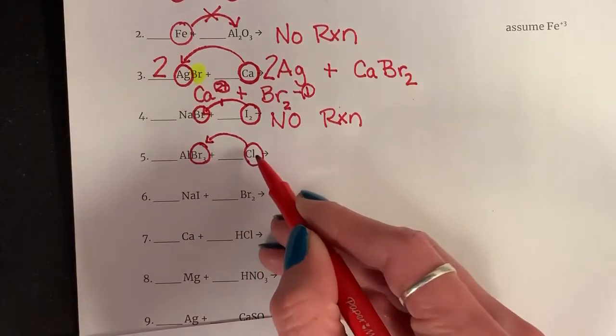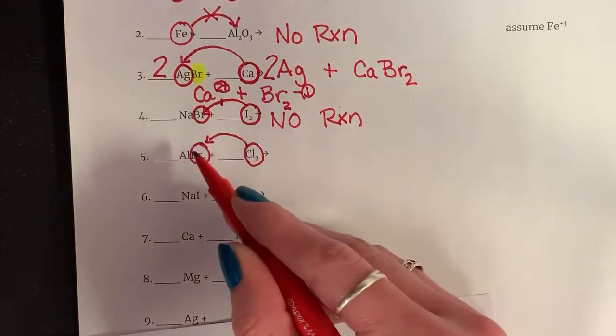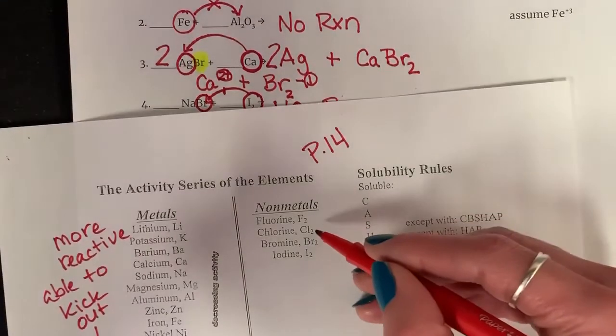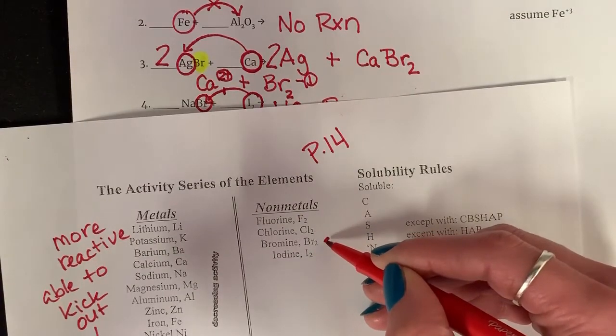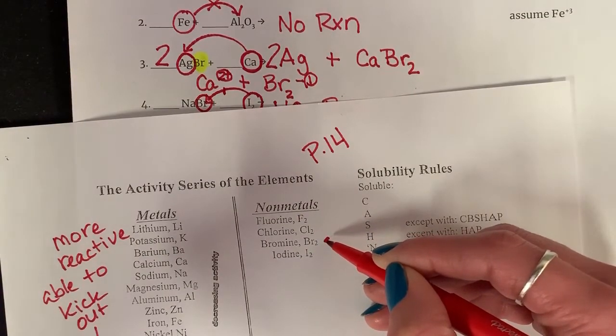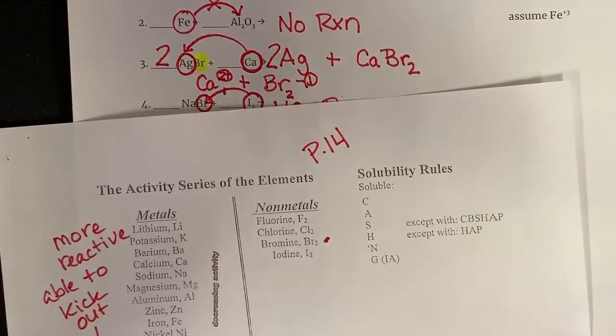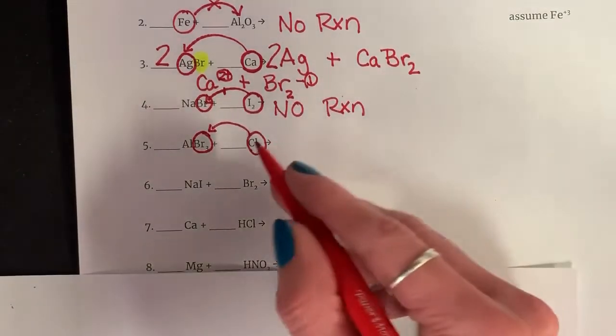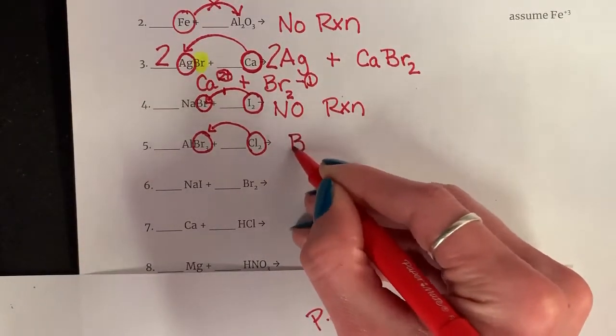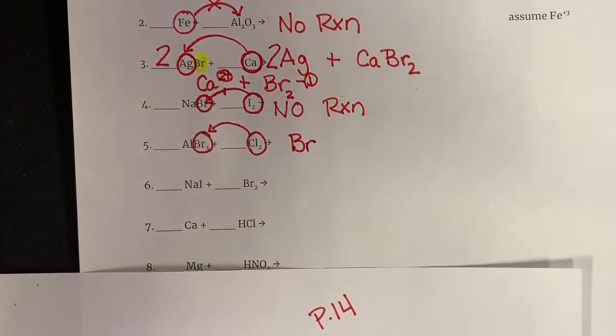So I've got chlorine trying to kick out bromine. Chlorine is higher than bromine, so this reaction happens. Bromine is going to get kicked out by himself.